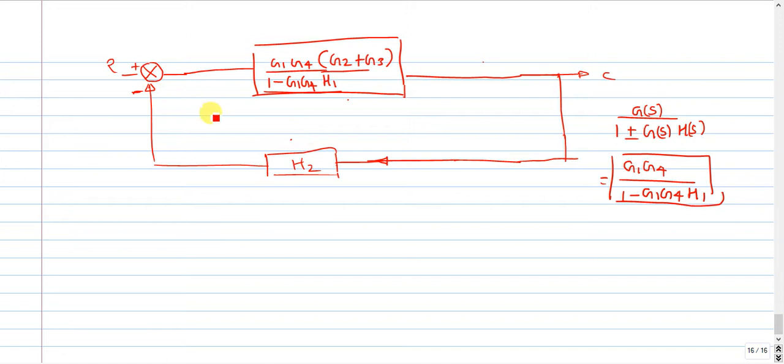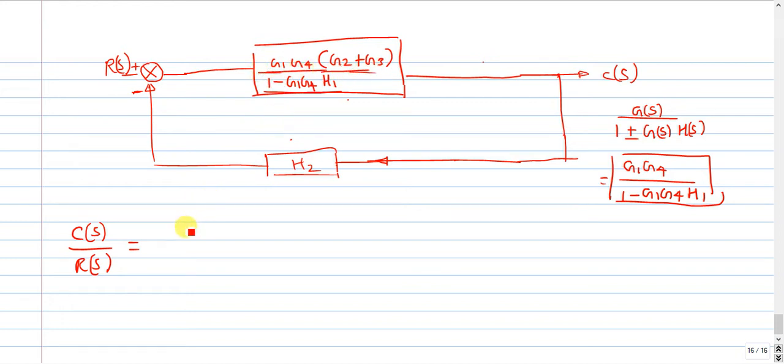I will show you a very simple method in order to write down the final transfer function. If I consider this as R of S and this as C of S, input and output, the final transfer function will be C of S by R of S. And here you consider this portion.